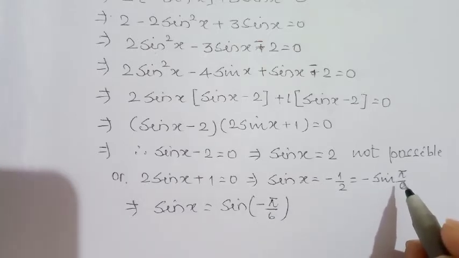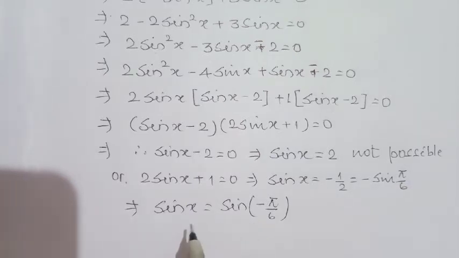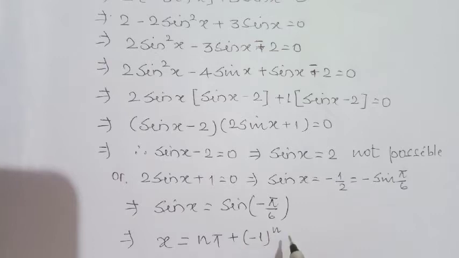Here theta is equal to pi by 6. So sin theta equal to sin alpha, then write its general solution. So its solution is x is equal to n pi plus minus 1 to the power n into minus pi by 6.